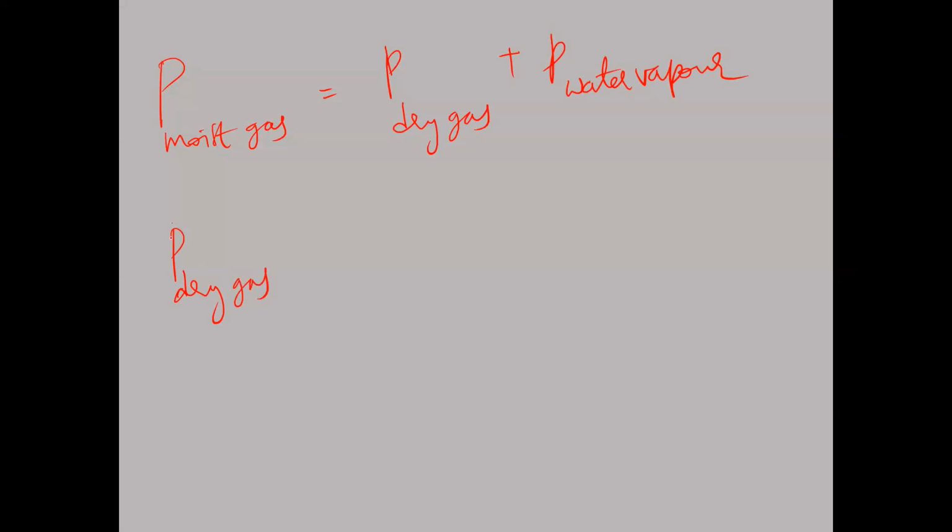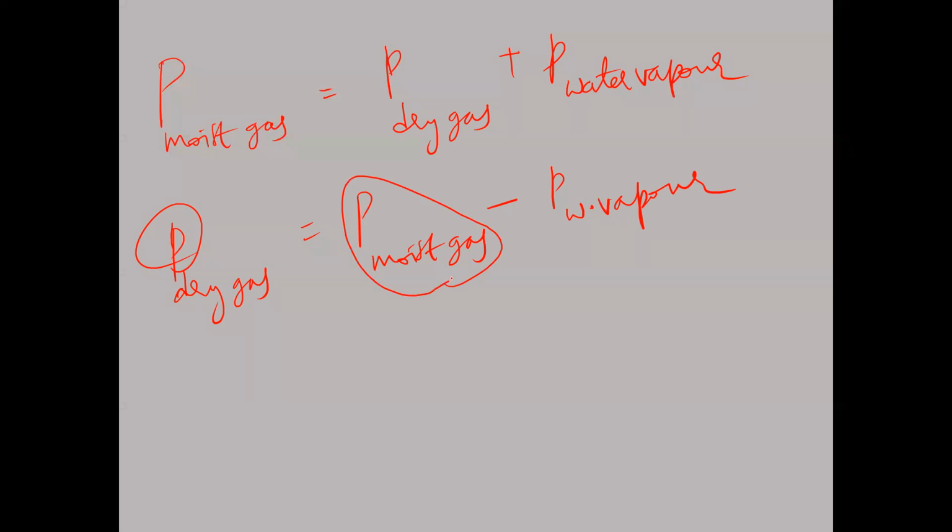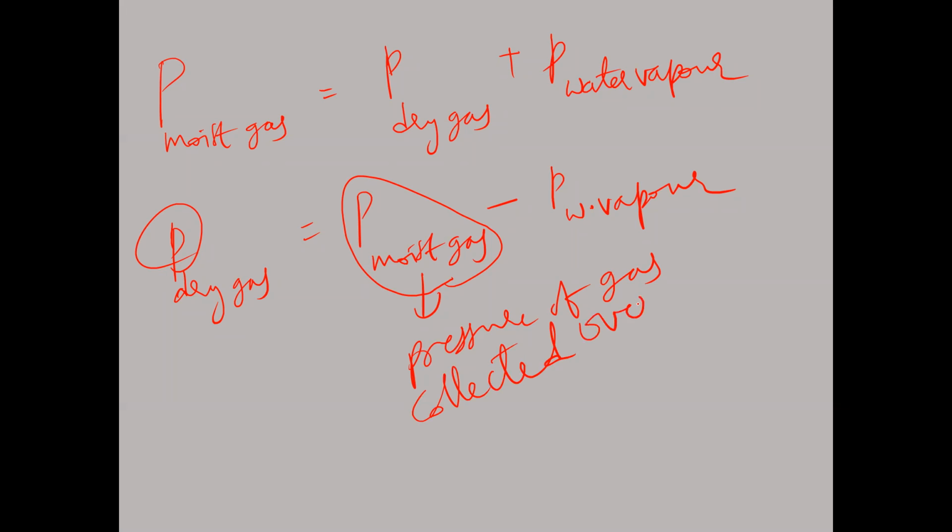So the pressure of dry gas is equal to the pressure of moist gas minus the pressure of water vapor. And this pressure of moist gas is nothing but the pressure of gas collected over the water.